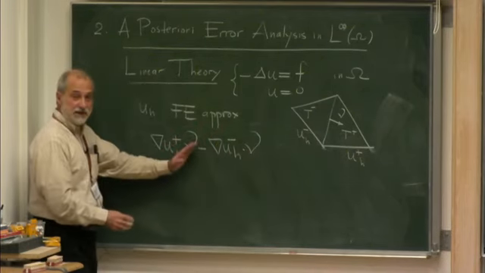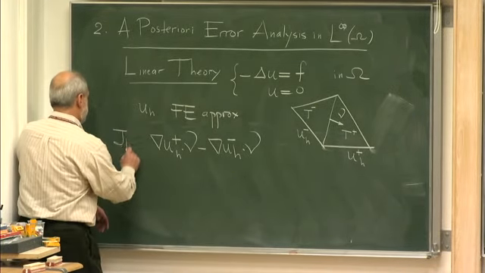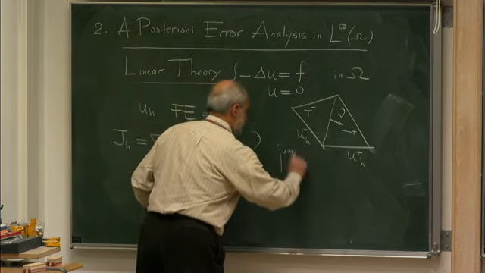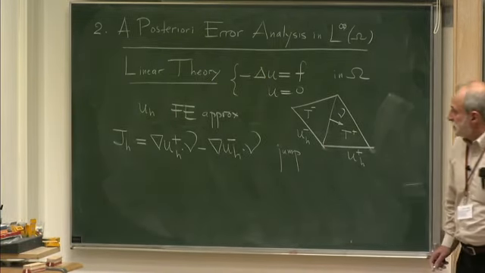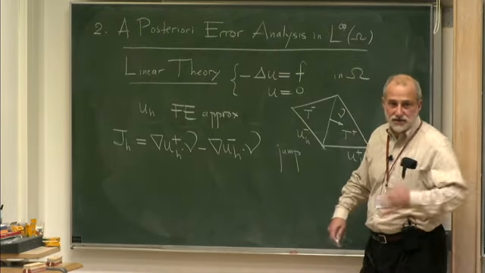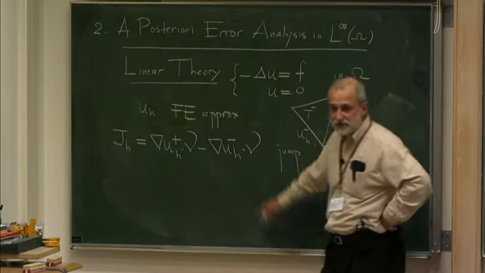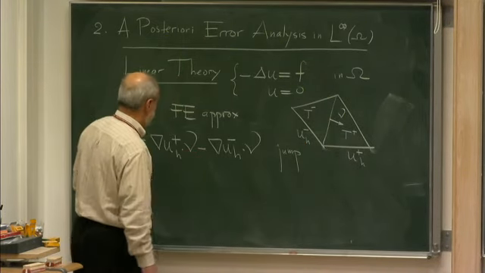This is the jump of the gradient, and I'm going to call it J sub H. In fact, if you compute the Laplacian of UH in the sense of distributions, you will end up with a delta supported on the interfaces.